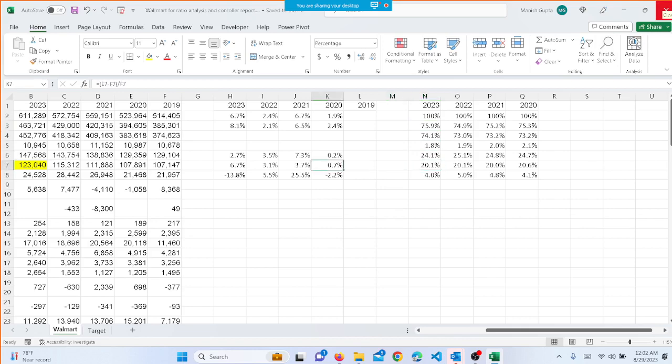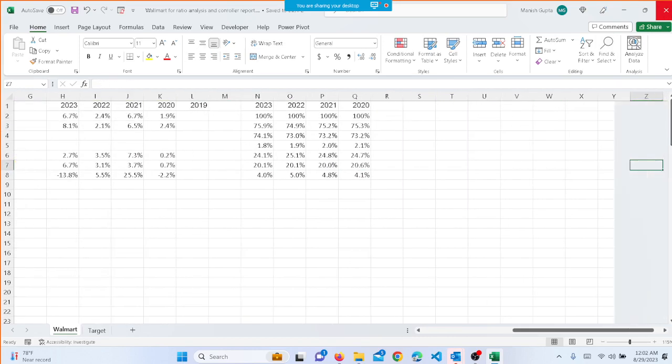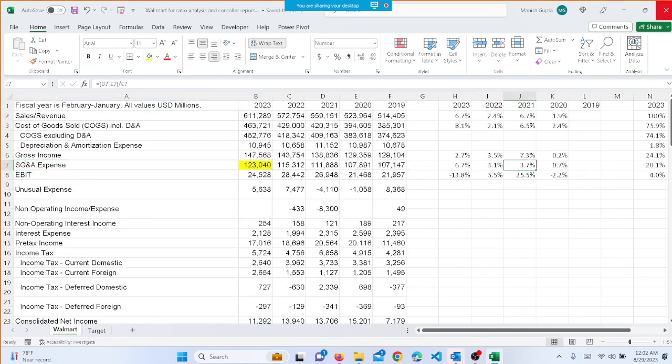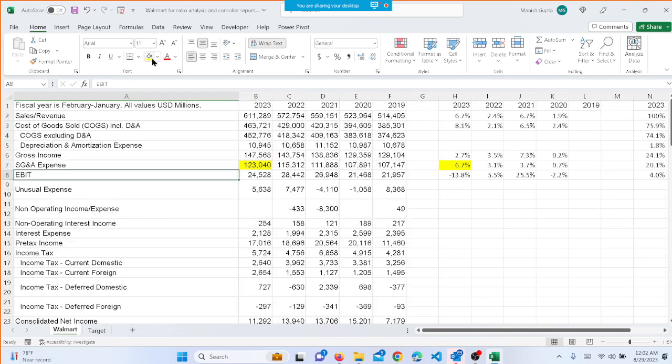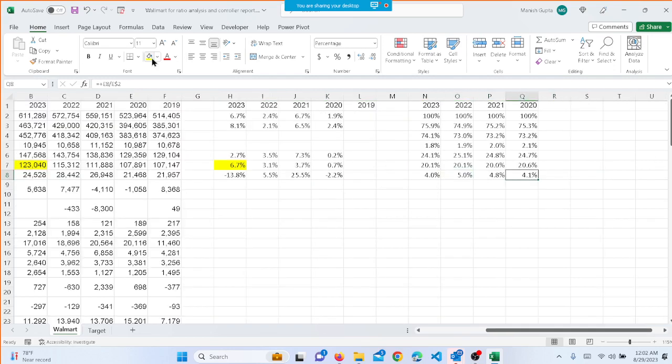The selling and general expenses have been around 20.1% and 20.1% and 20%. So even though in the horizontal analysis we saw that the selling, general and administration expenses have grown 6.7%, while the profitability has not increased that much, and that has created a drop in revenue compared to last year, that may not be the true fact.